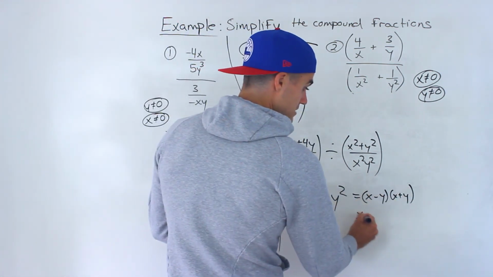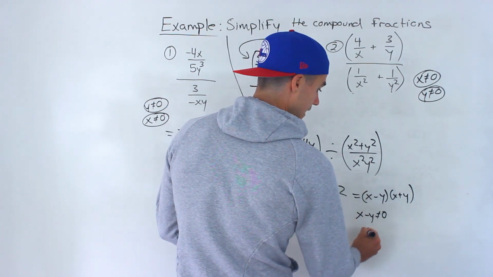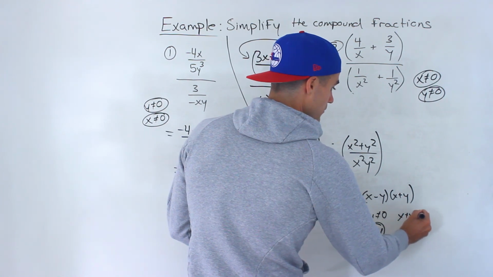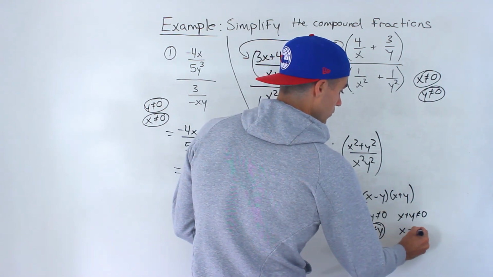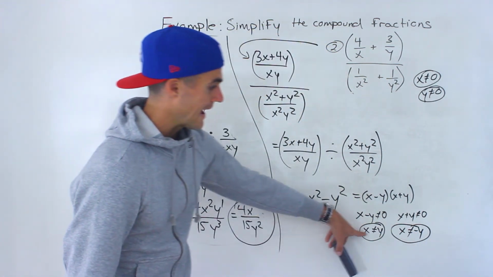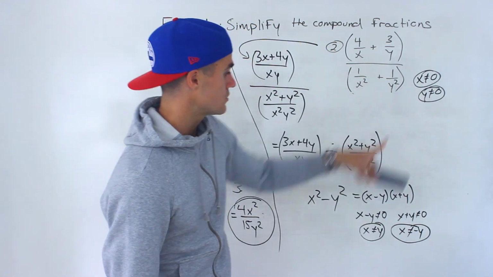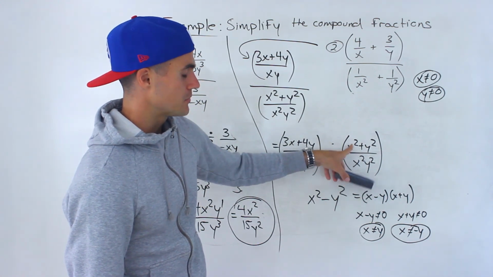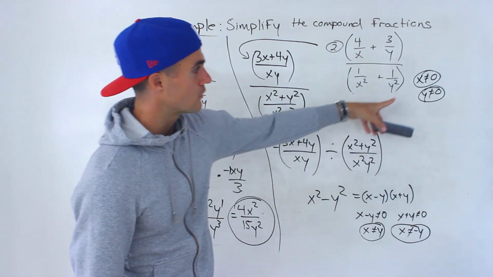And then notice that x minus y can't be 0, so x cannot equal y, and x plus y can't be 0, so x cannot equal negative y. So we would add those two restrictions to these two if this was a minus instead. But because it was a plus, you can't get any other restrictions but these.